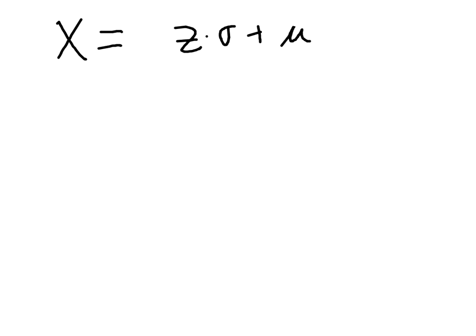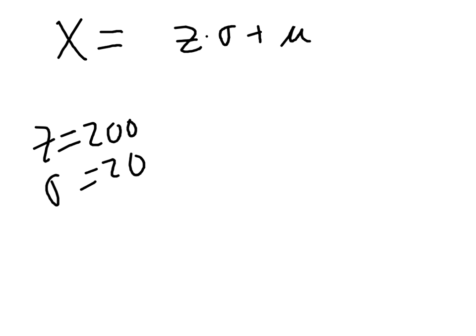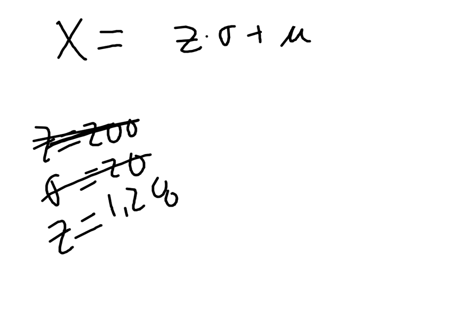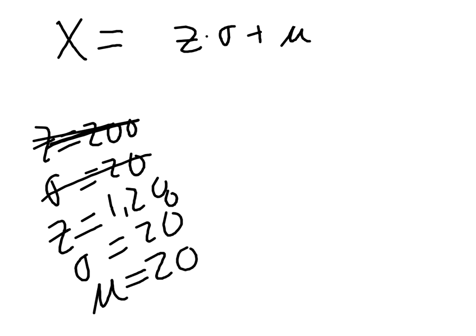Okay, and you recall that our z was, excuse me, I'll get this right here. Our z was 1.28, and our standard deviation was 20, and our mean was 200.